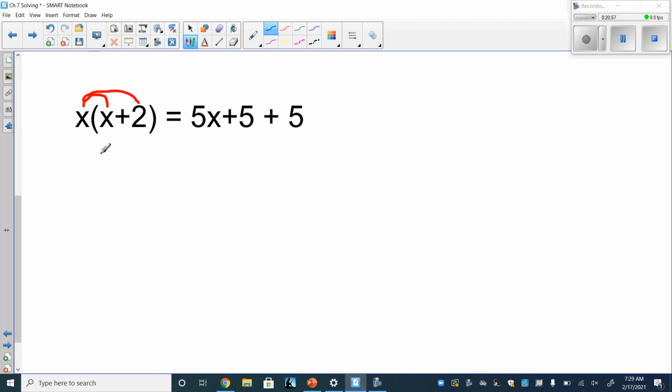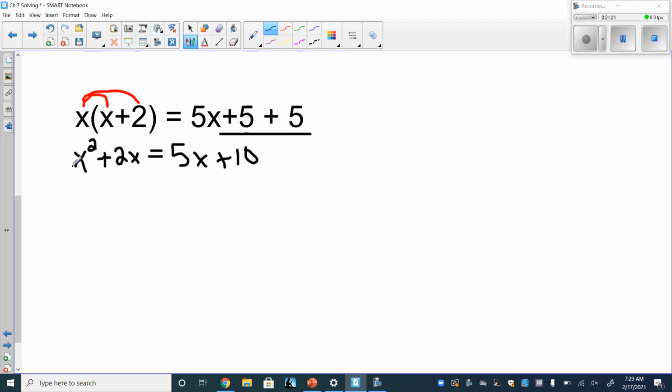So x times x would give us x squared. And x times 2 is going to be plus 2x equals. Here we can combine these like terms, 5 and 5. It'll give us 5x plus 10.